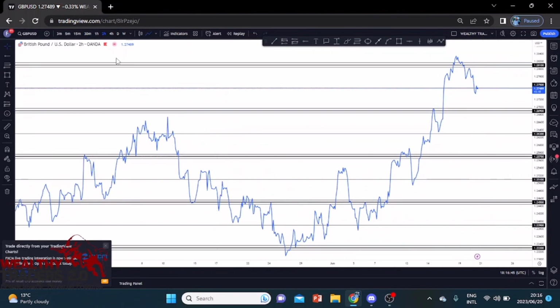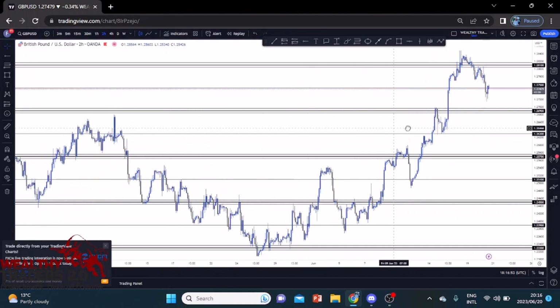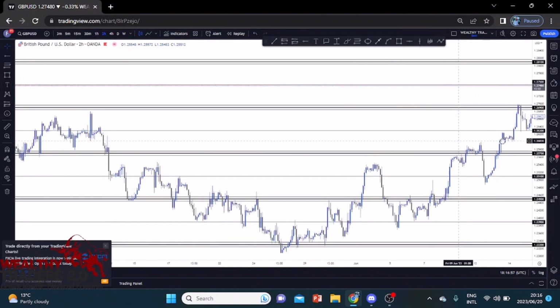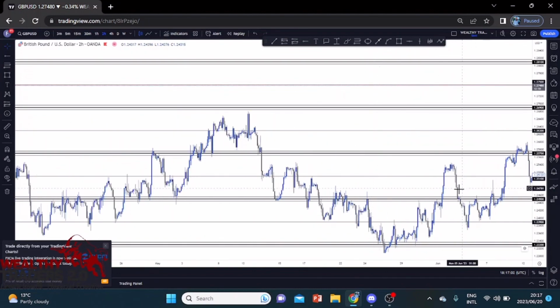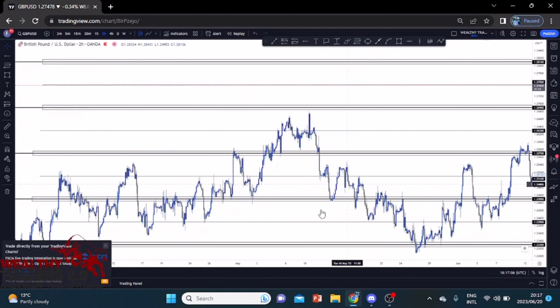As soon as I turn the chart back to candlesticks, you'll see that the market has been respecting our major and middle psychological levels. Where there is a major or a middle, the price will always try and turn at those areas.